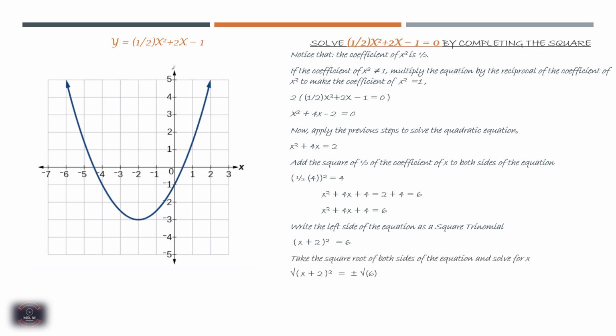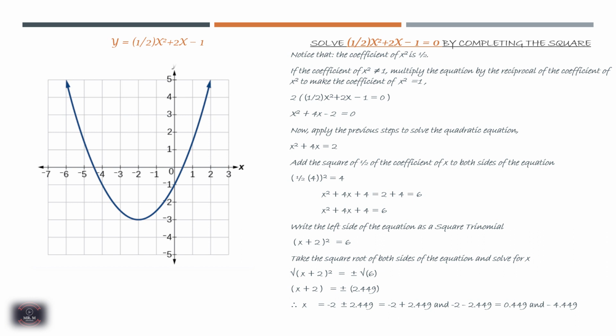Now take the plus or minus square root of both sides of the equation to find x plus 2 equal to plus or minus the square root of 6. But square root of 6 can be written as 2.449.